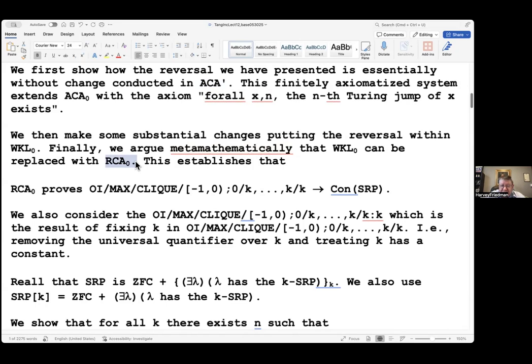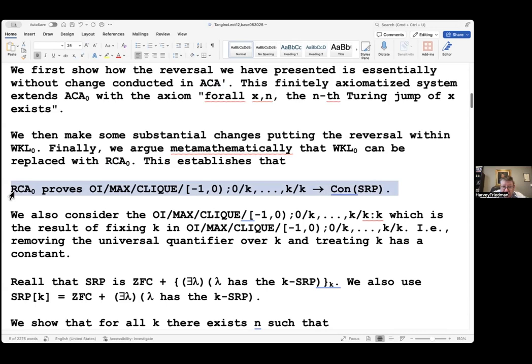This can be done without going back into any reversal because of a metamathematical fact that any statement of a certain form that's provable in WKL naught is already provable in RCA naught.